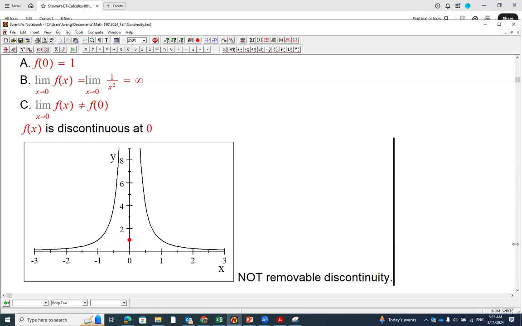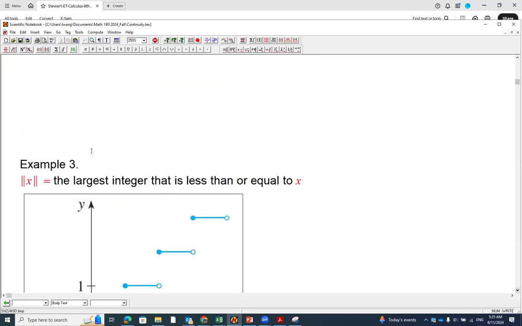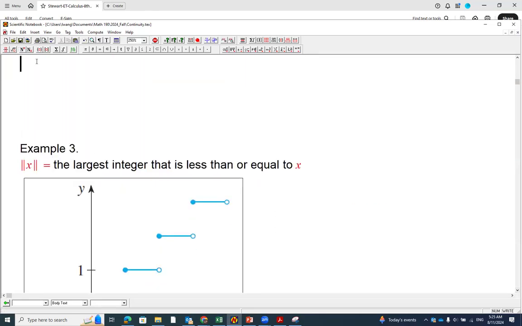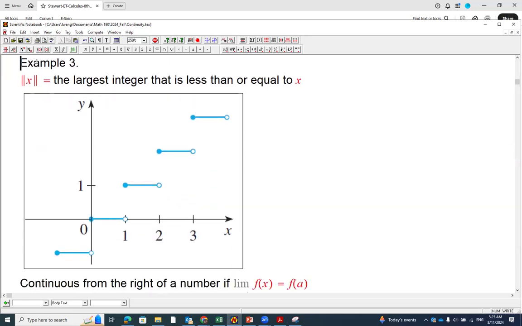All right, so let's look at another example. The other example is example number 3. This function is very special. We call it the largest integer function. And this function is written as 2 bars, okay?